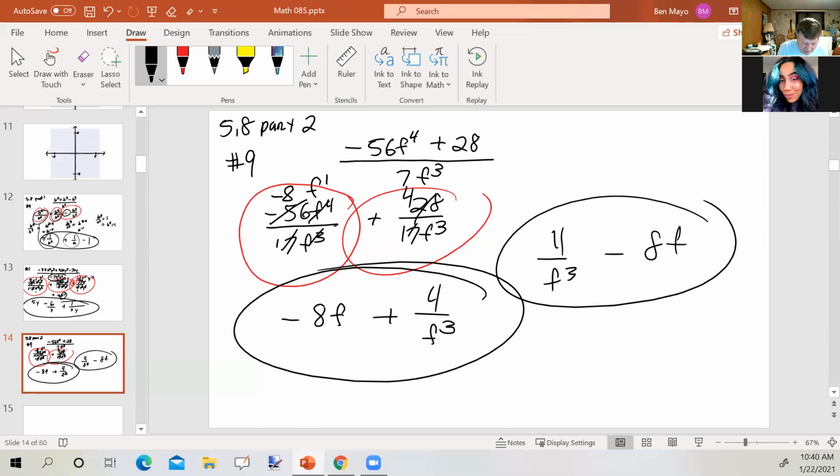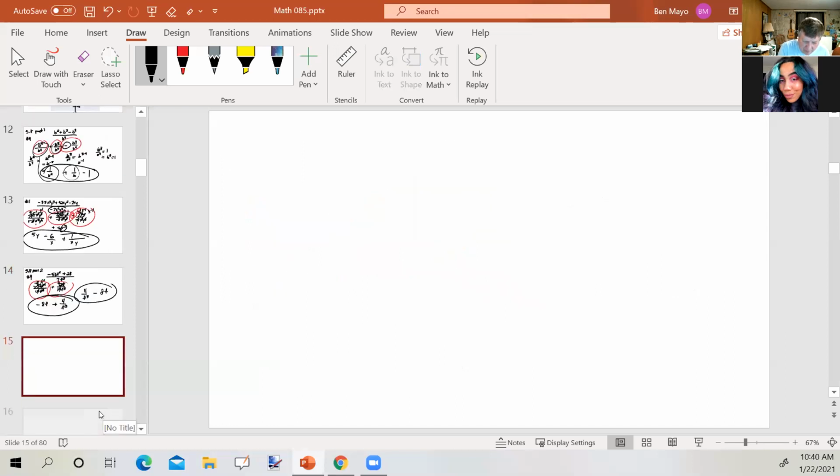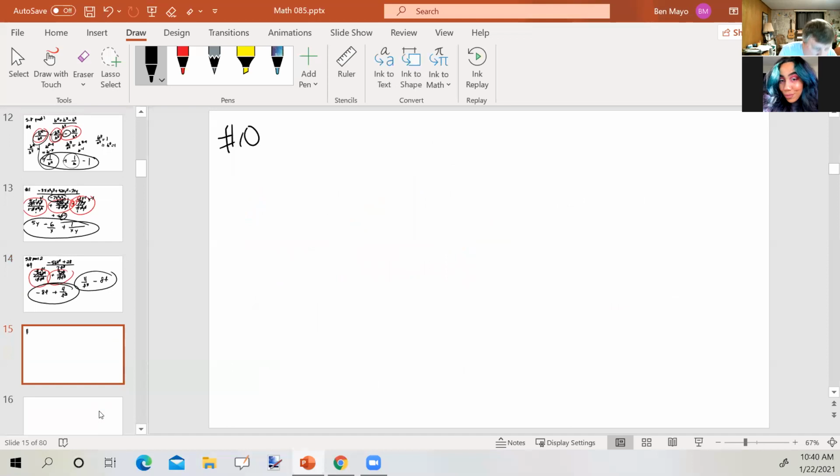Number 10. This is still in 5.8 part 2. Number 10 says, perform the division. A cubed plus a over a plus 3. So we have a polynomial divided by a polynomial, so we're going to use the long division form. Outside, I'm going to have a plus 3, but inside, I've got some missing terms.